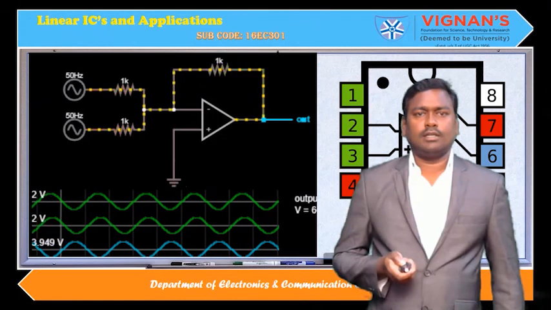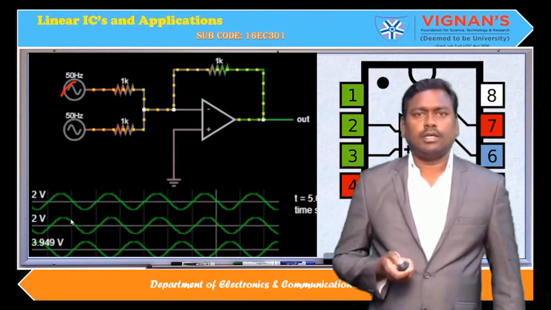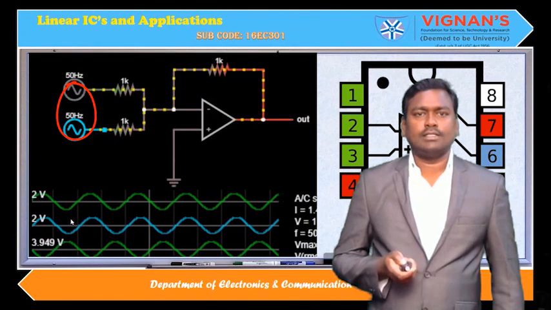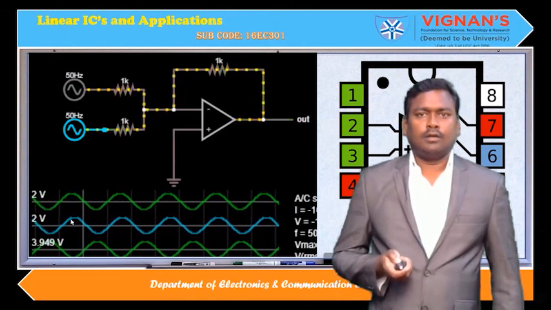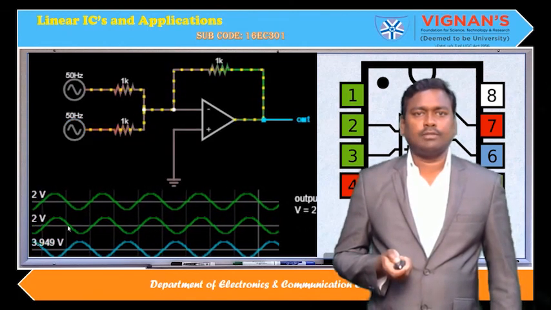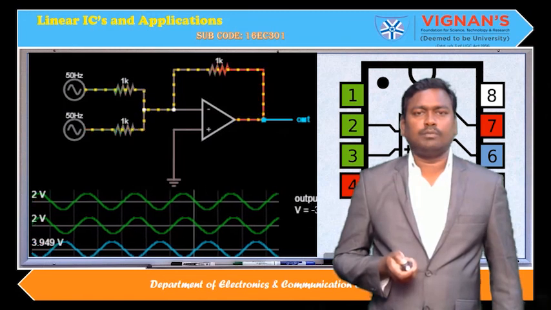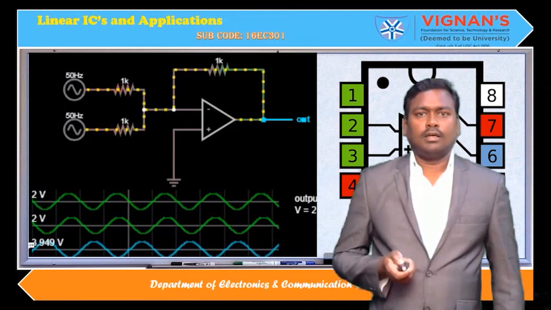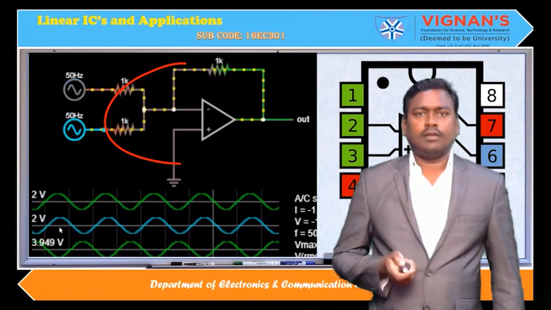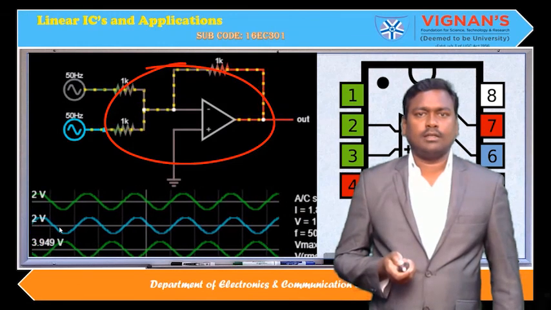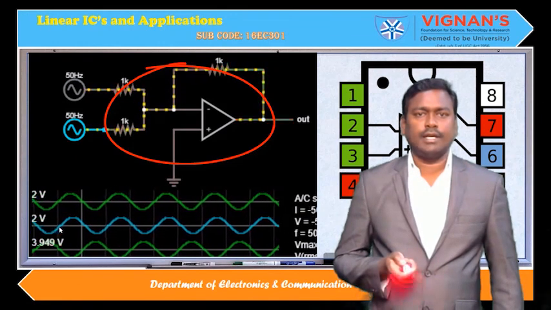So it is a summing amplifier. Here two input signals are given. We know that a summing amplifier gives the sum of the two input signals. In the given circuit, the feedback resistor and input resistor values are the same.